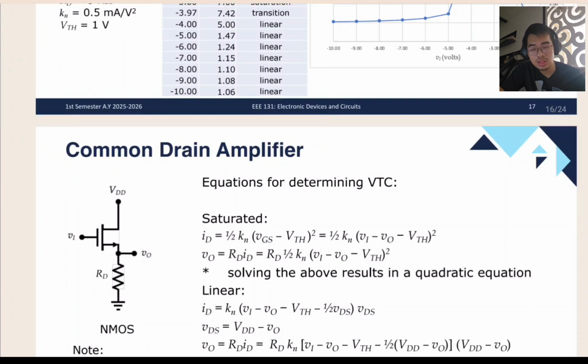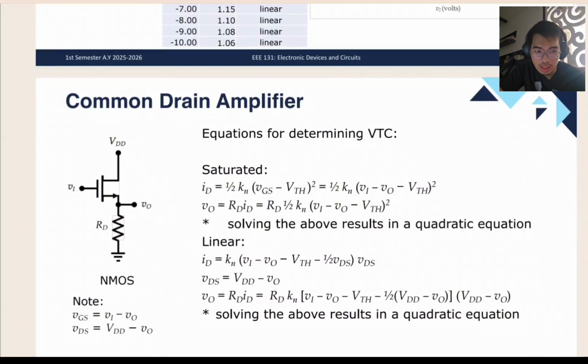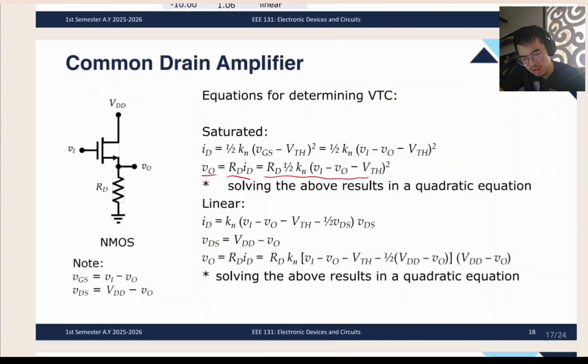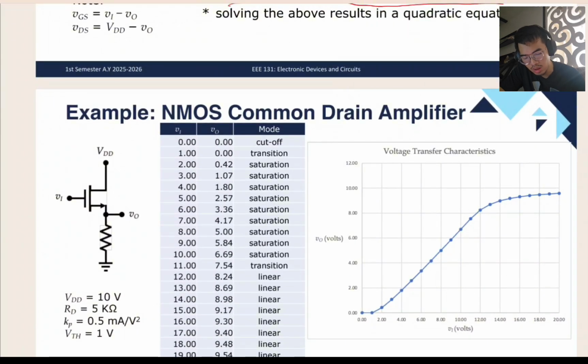For the common drain, this is similar to the common collector in such a way that it should be a voltage buffer, so we should get a gain of somehow 1. The process will be the same to get V out. V out is RD ID. This is the expression for saturation. For linear, this is still RD ID, however the expression is now different.